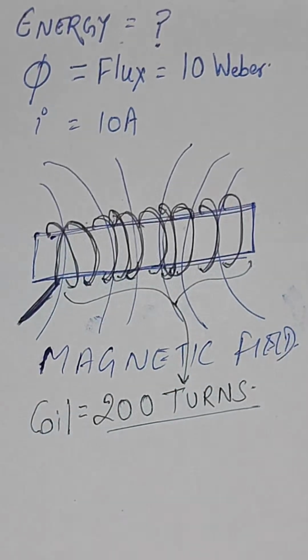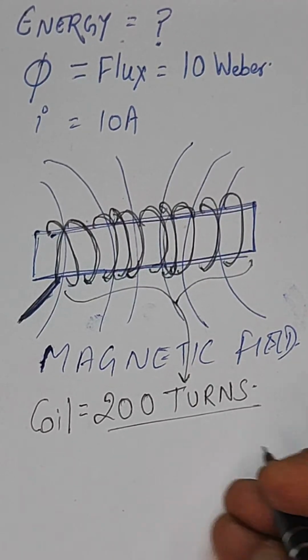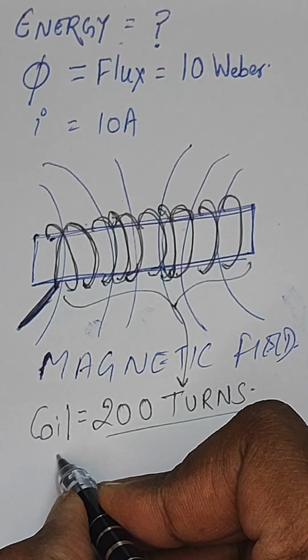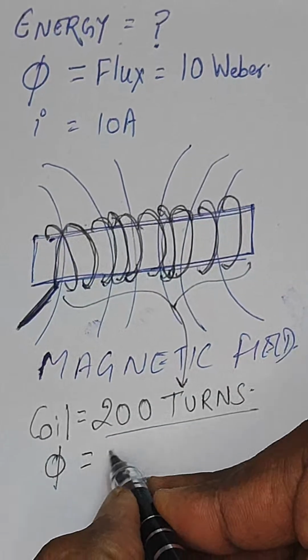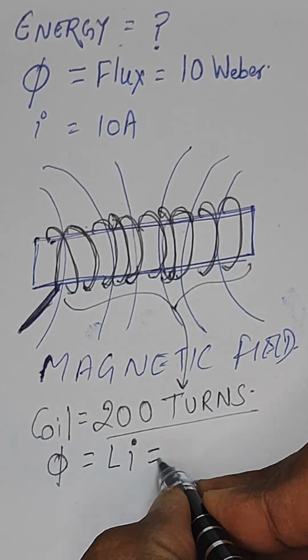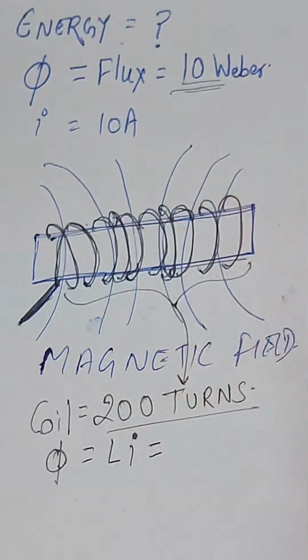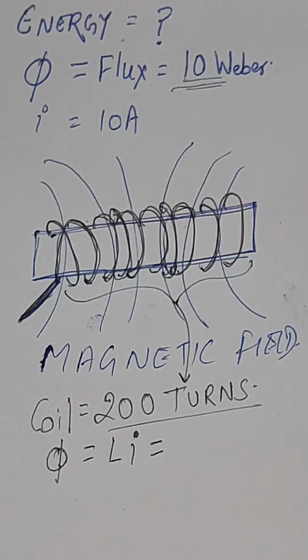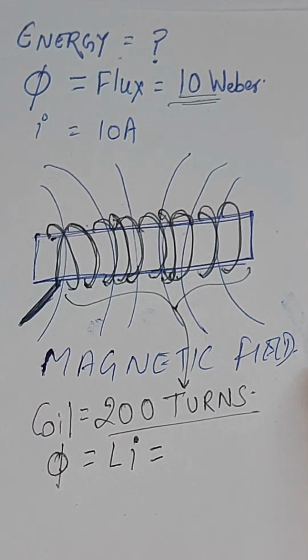Now you know the formula that phi is equal to L into I, and flux is given to you as 10 Weber through a closely wound coil of 200 turns, right?